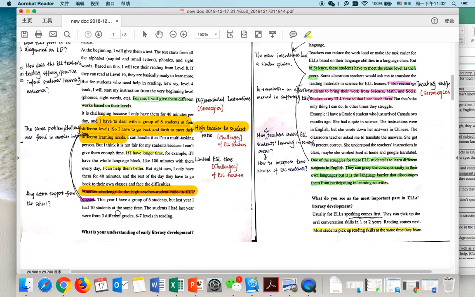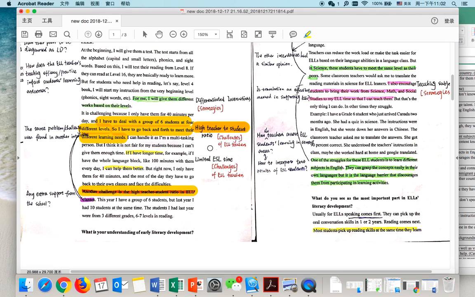So I noticed that she was actually talking about her experience of working with ELLs and the fact that she found it challenging to deal with so many students at the same time. So I wrote down the key points from her answers as high teacher to student ratio.